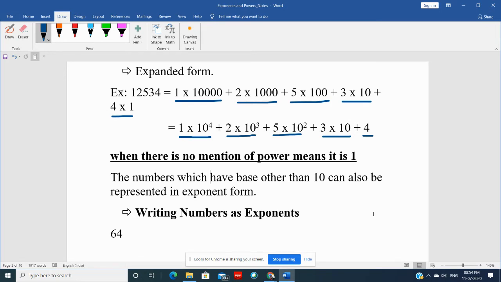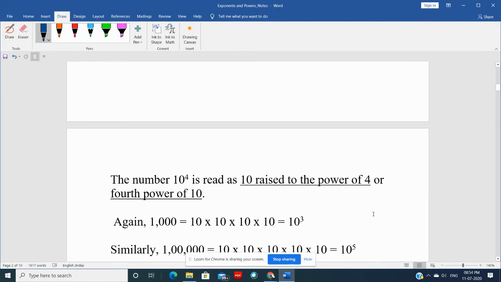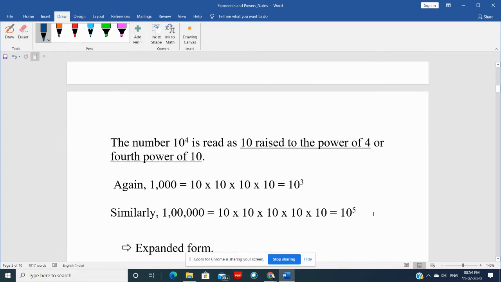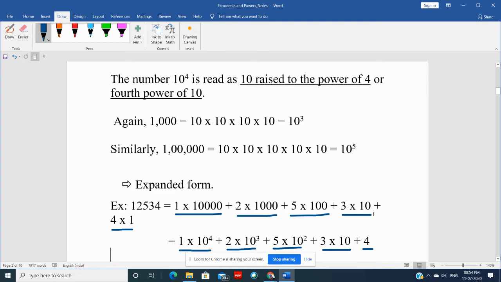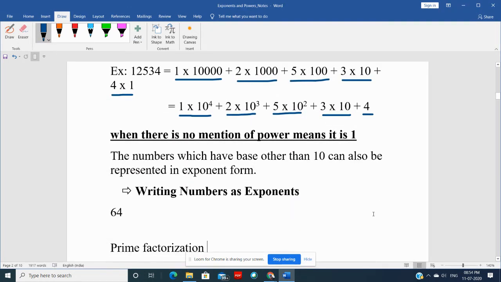So these are numbers which have base 10. We have seen that numbers which have zeros can be written as powers. Does it mean the other numbers cannot be written? No, it's not like that. The other numbers can also be written. For example, 64.